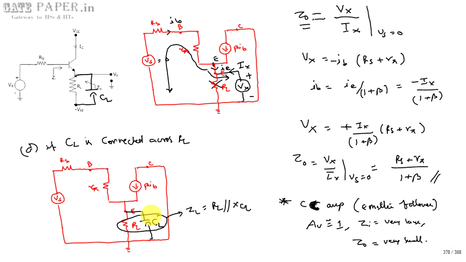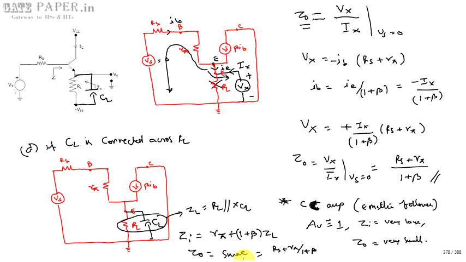For input impedance, Zi is equal to R pi plus, instead of RL, now ZL. So 1 plus beta times ZL. You are doing the same analysis. ZL is RL in parallel with XCL, and Z0 is the same as before, that is Rs plus R pi divided by 1 plus beta.